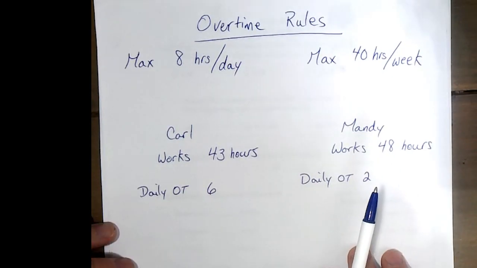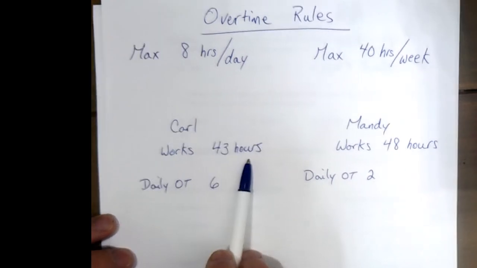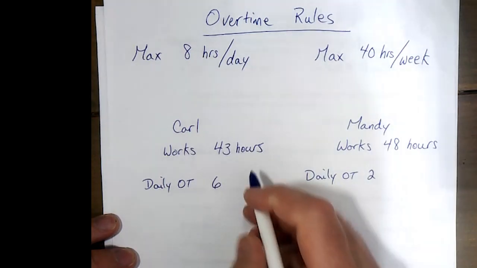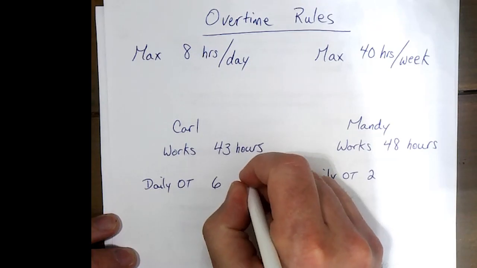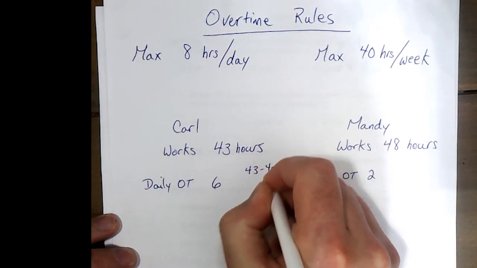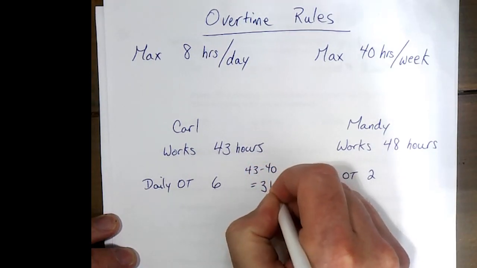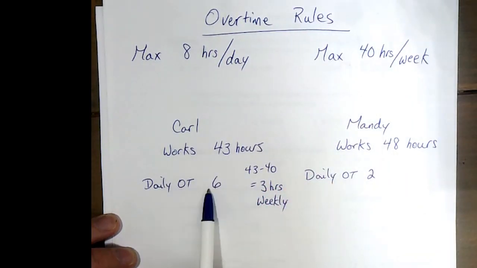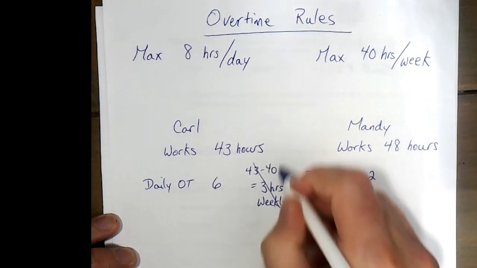So let me give you an example. Carl works 43 hours. Now, counting daily, he works 6 overtime hours. If we look at the week, we always take 43 minus 40. So 6 hours if we look daily, 3 hours if we look weekly. 3 hours is smaller, so we don't use it.